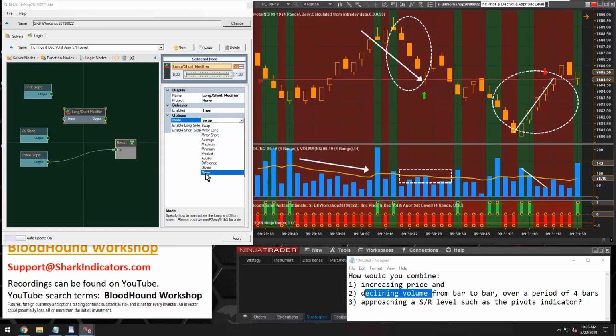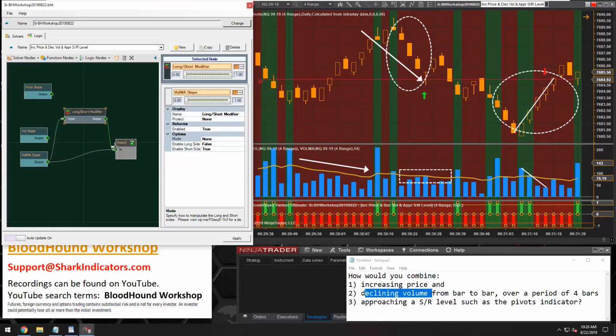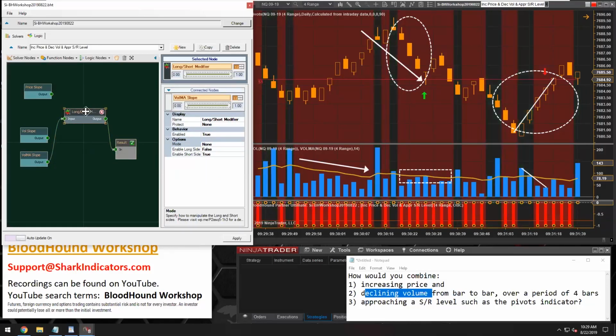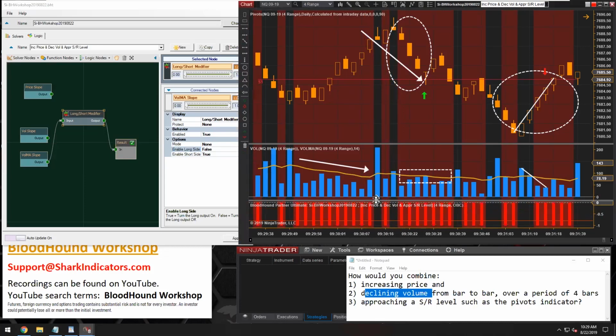Actually, the mode, we're going to set it to none, like so. Let's connect that in, and there we go. So by disabling the long side, we stripped out the long signals when the volume increases, right? Because the way this is written, we're only interested in a declining volume situation as price approaches your support resistance level.